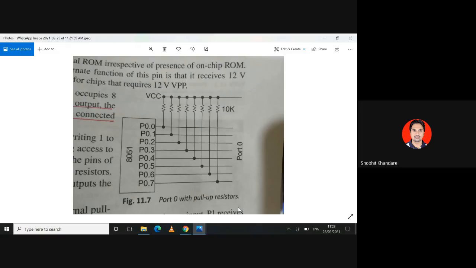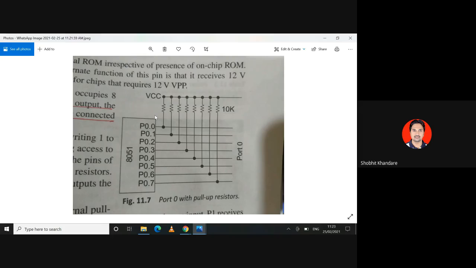Port number 0 is 8-bit bidirectional, and there are some more important additional points that are available on the screen. This I will explain to you. Port 0 has an additional part which is not available in port 1, port 2 and port 3.